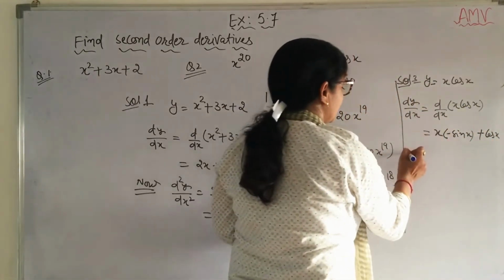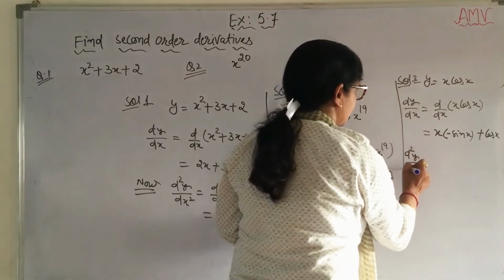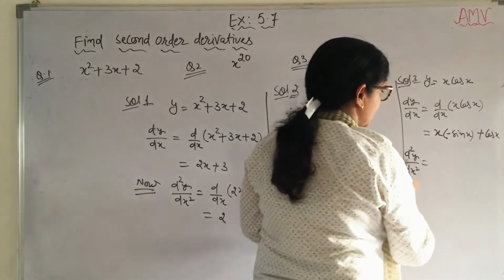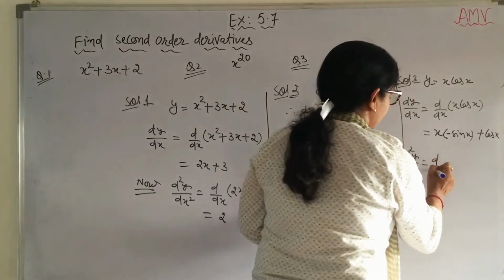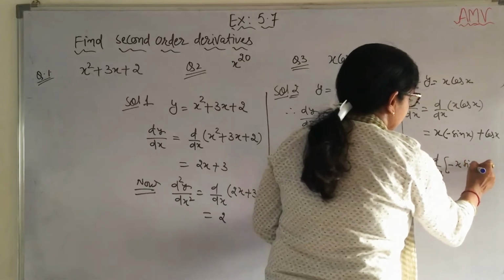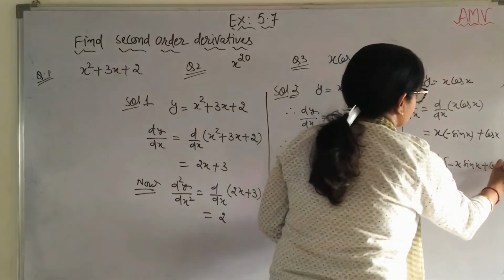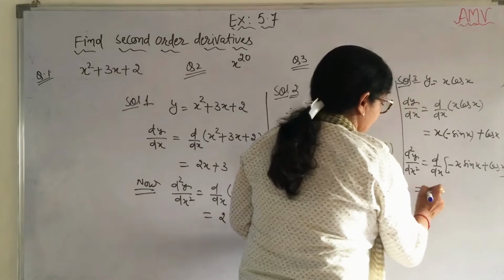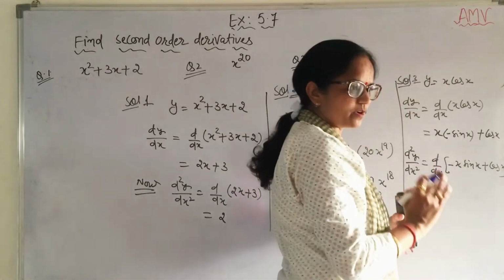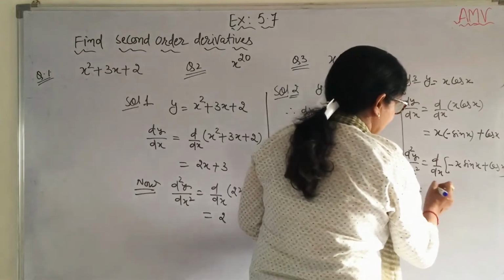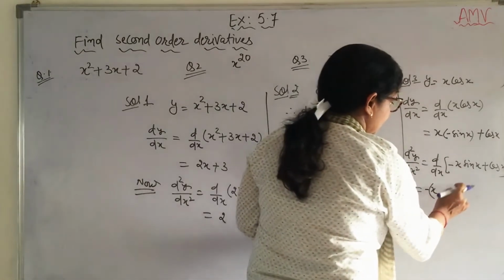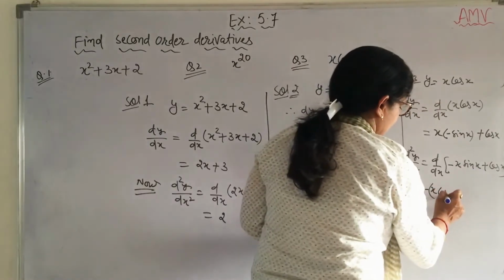Now again differentiating to get d square y by dx square. Here d by dx of minus x sin x plus cos x. First, for the term minus x sin x, apply the product rule. You will get first minus x as it is, derivative of sin x is cos x.